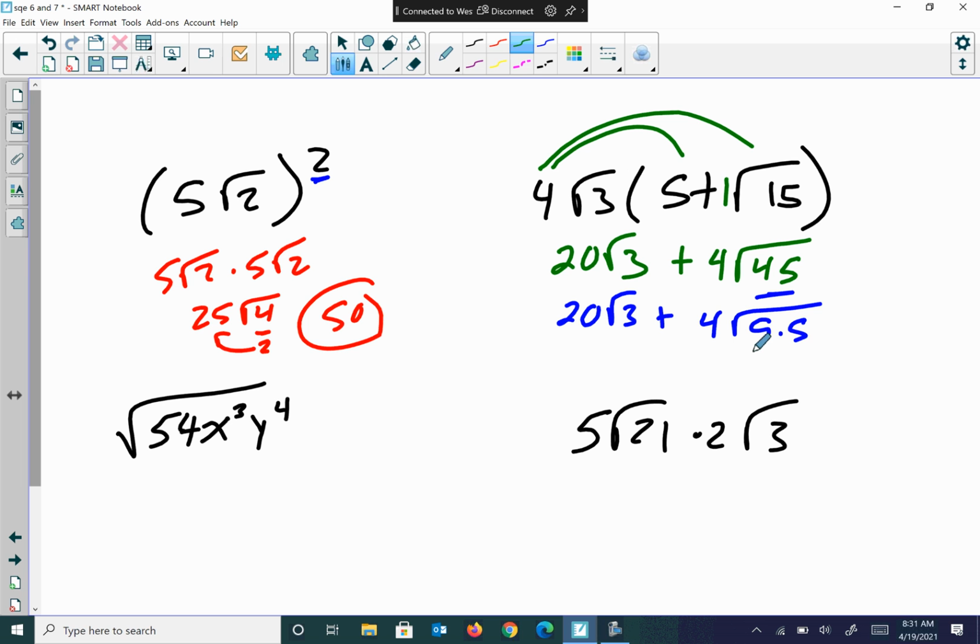And square root of that 9 is 3. Right? And that gives me 20 root 3 plus 12 root 5. And I can't go any further with that problem. A-okay?